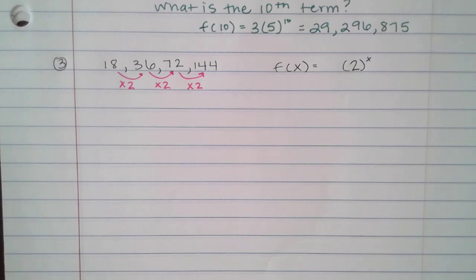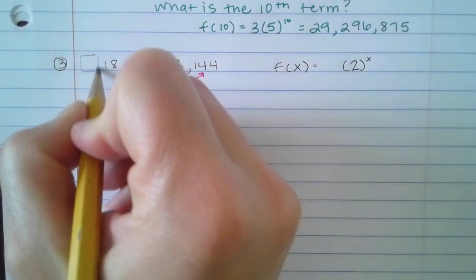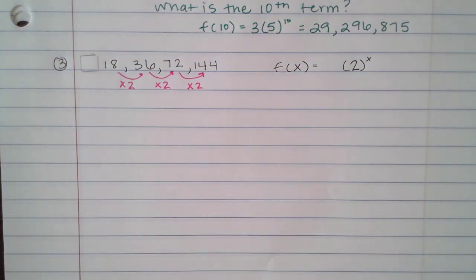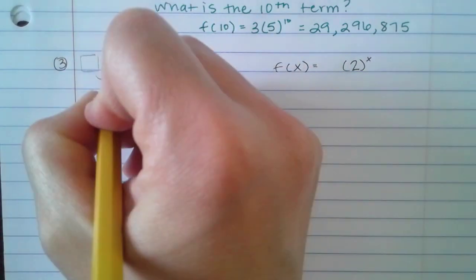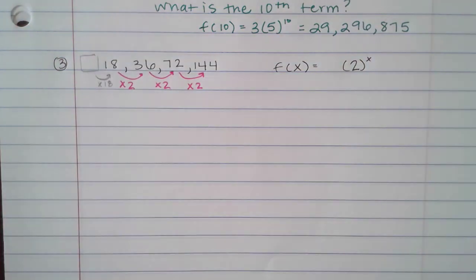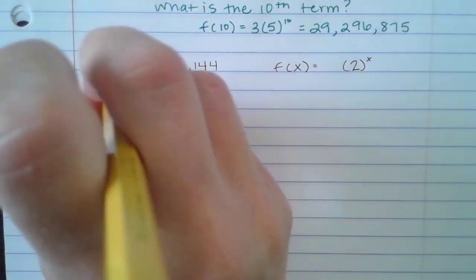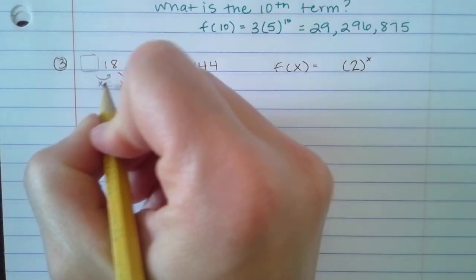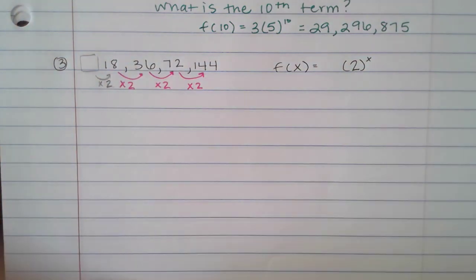And then I'm going to ask you, what is my 0 term? Let's go backwards. So what's that number out in front? What multiplied by 2 gives you 18? Oops, that's super wrong. Nice, I wrote in pencil. What multiplied by 2? That is a 9. So 9 is my 0 term there.